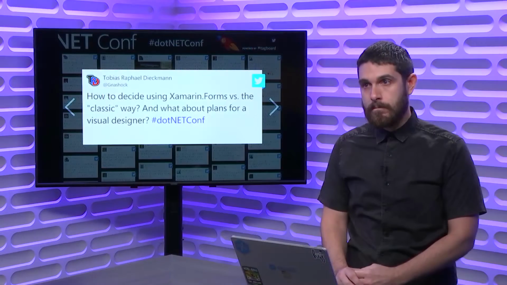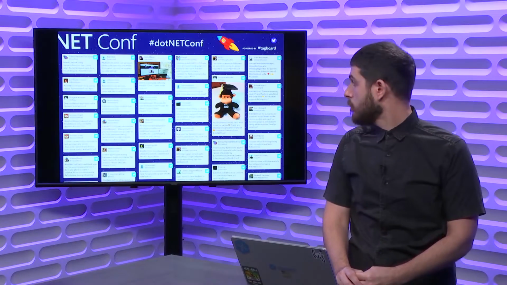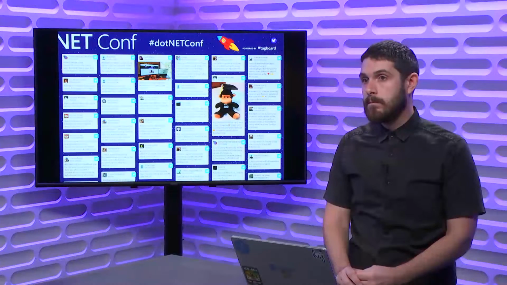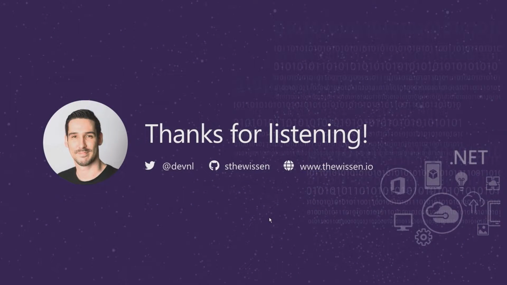Well, it kind of depends. In my case, I usually tend to go with Xamarin Forms, mainly because I'm usually working for people that want an app on both platforms, and it would just cost way more in the end.